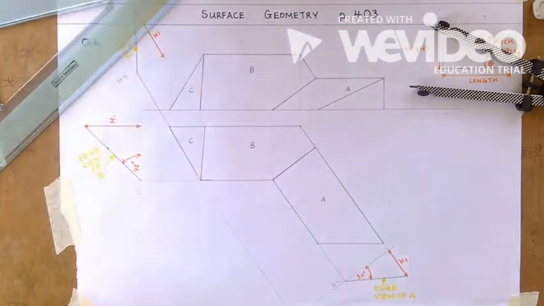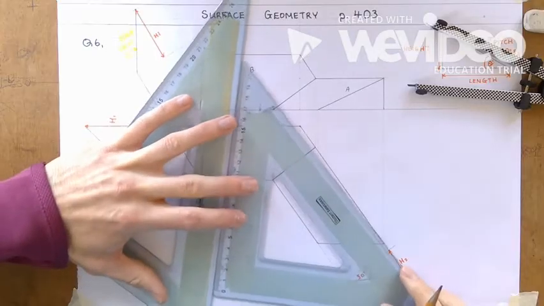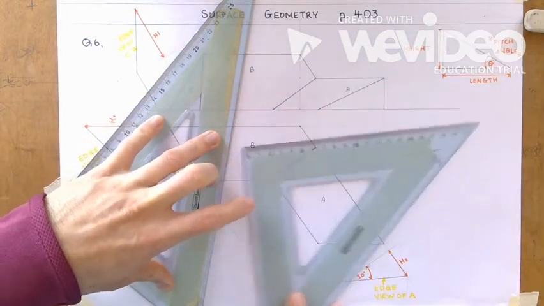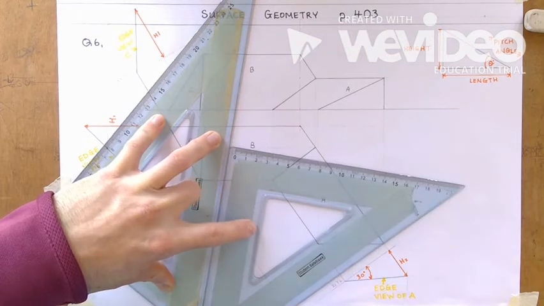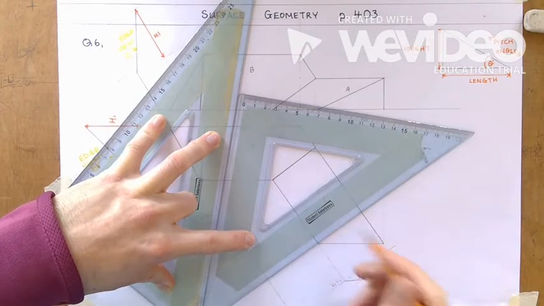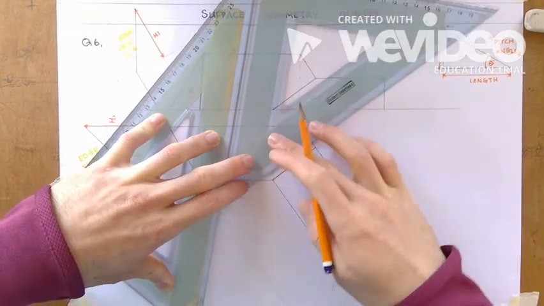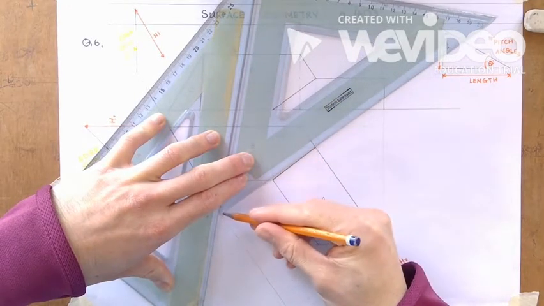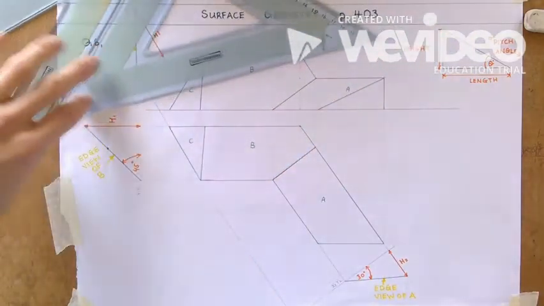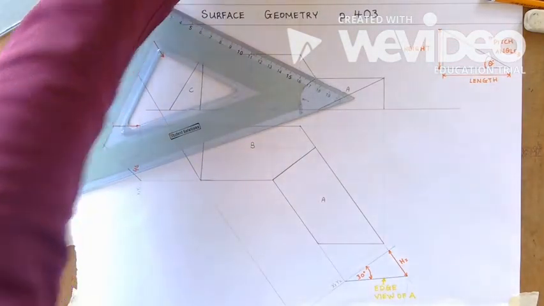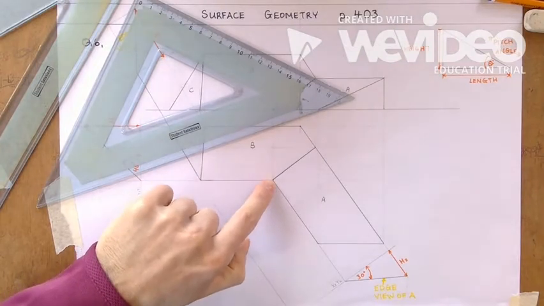So there now is the true width of A. So again, set up the angle of A and project out my points. So that point is going to stay there, and that point is going to stay there because they're the hinge points.